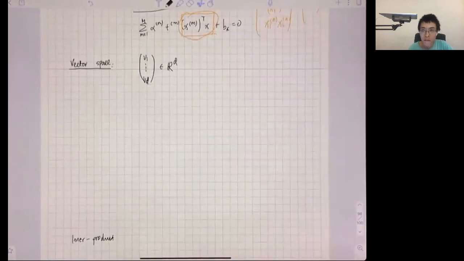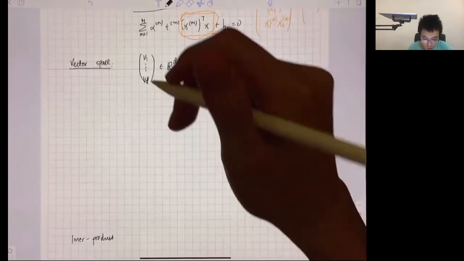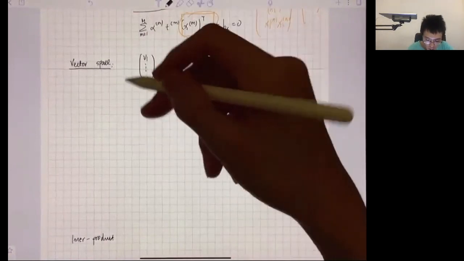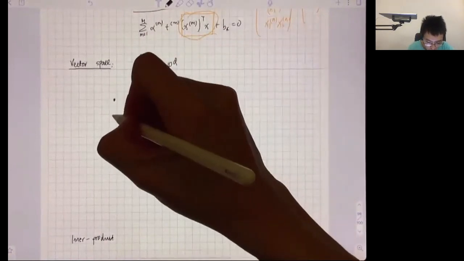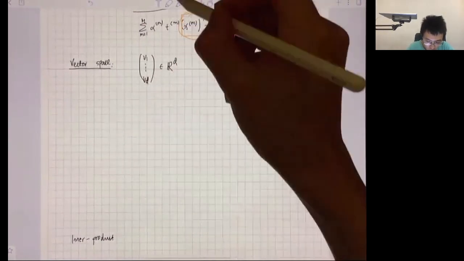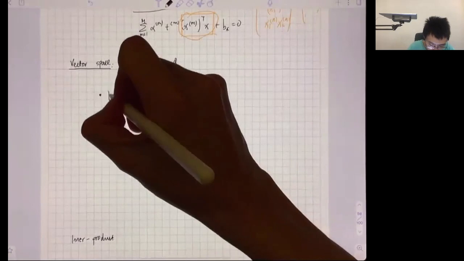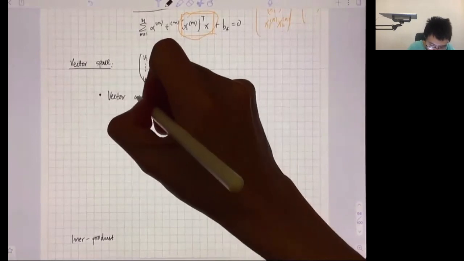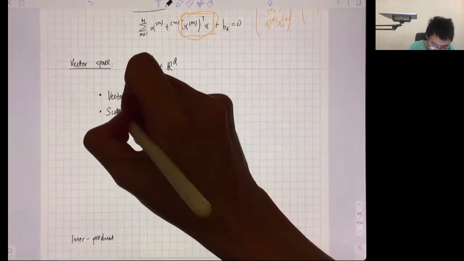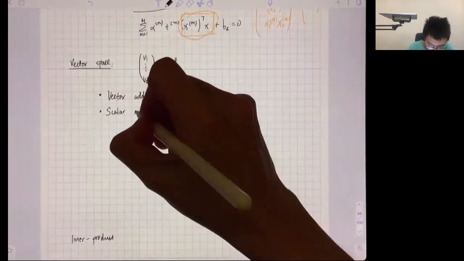But the vector can be generalized to some abstract vectors, okay? So you can think of some abstract vector space, and as long as you satisfy the following axioms, then it's a vector space. In a vector space, we have two operations. One is vector addition, and the other is scalar vector multiplication, okay?